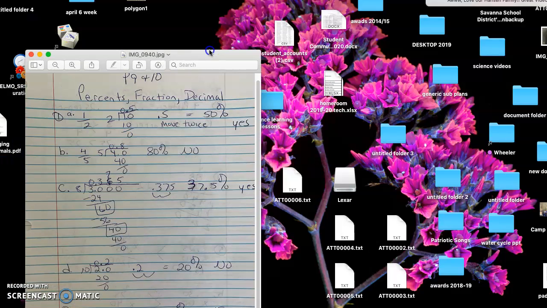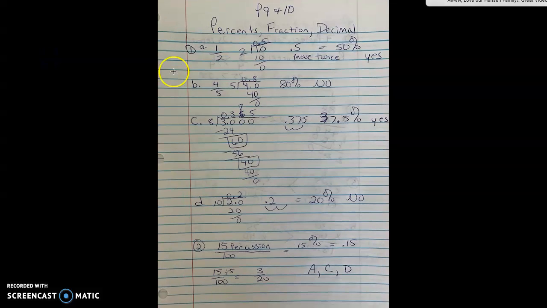Okay, question number 1. So on question number 1, I had 1/2. I divided 1 divided by 2 and I got 0.5. And then I moved the decimal twice to the right and I got 50%. So that is yes. I took 4/5, 4 divided by 5, and I got 0.8. Moved the decimal twice is 80%, so that's a no. C, I took 3 divided by 8.